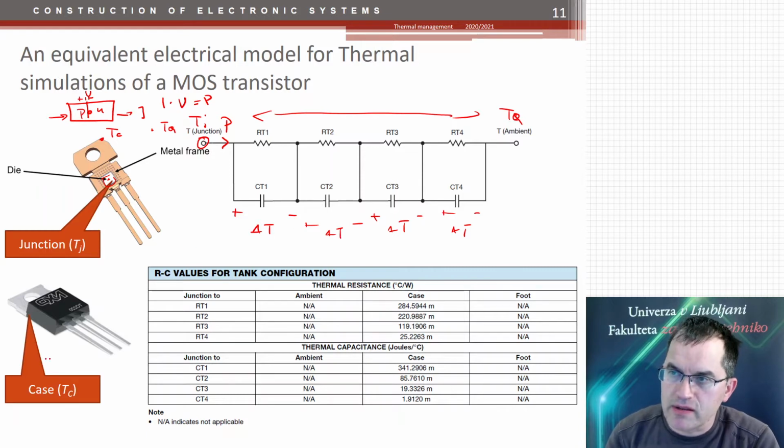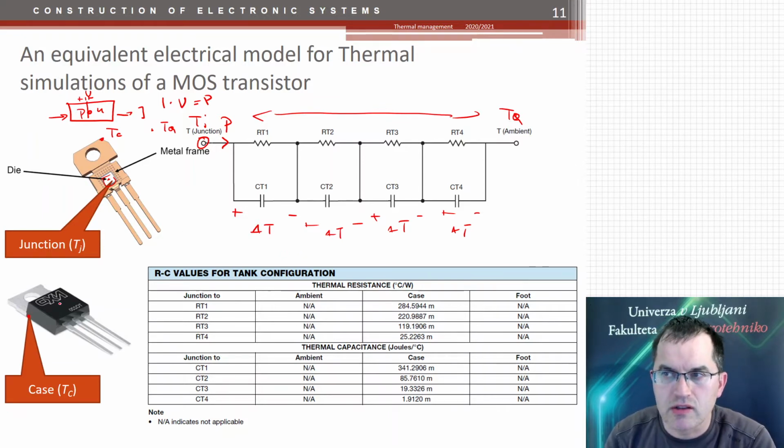So for example, the case of this transistor is very well defined, and all these parameters are known, usually if the manufacturer provides them, of course. So if you know the case temperature, then you can calculate the junction temperature if you know the heat transfer power.